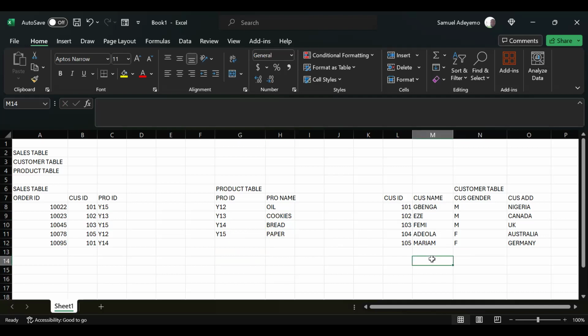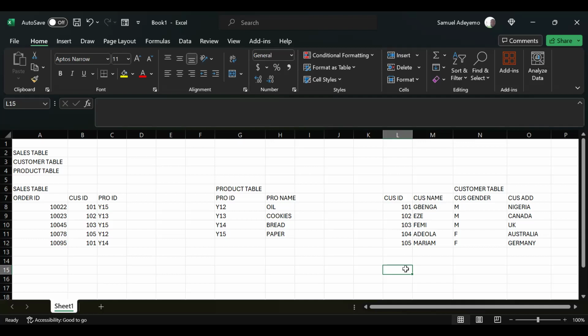Now, the customer table too is a dimension table, because these tables we call dimension tables uniquely talk about a particular event or a particular thing. What do I mean by that? When you get to the product table, you only see information about product alone, right? When you get to the customer table, you are only going to see unique information about customers alone.